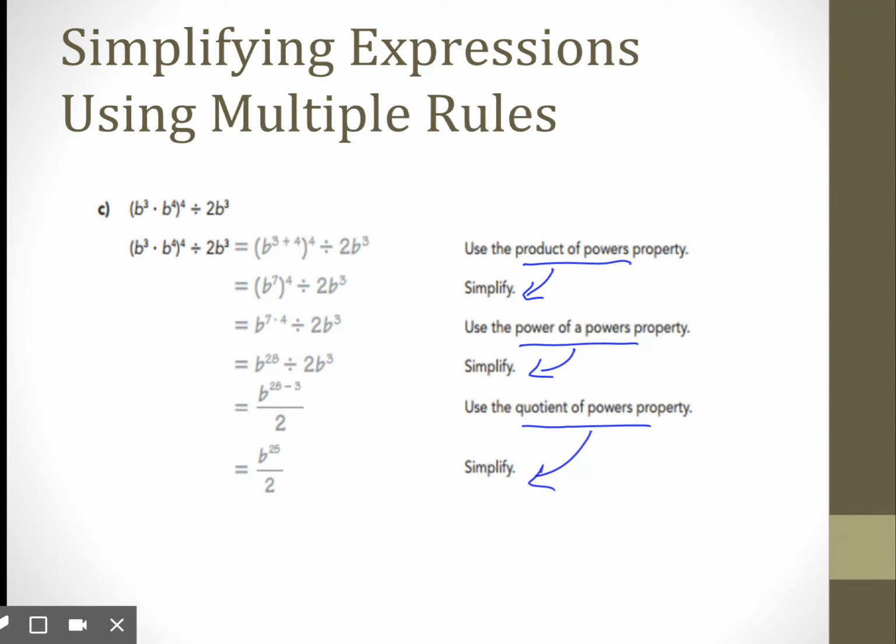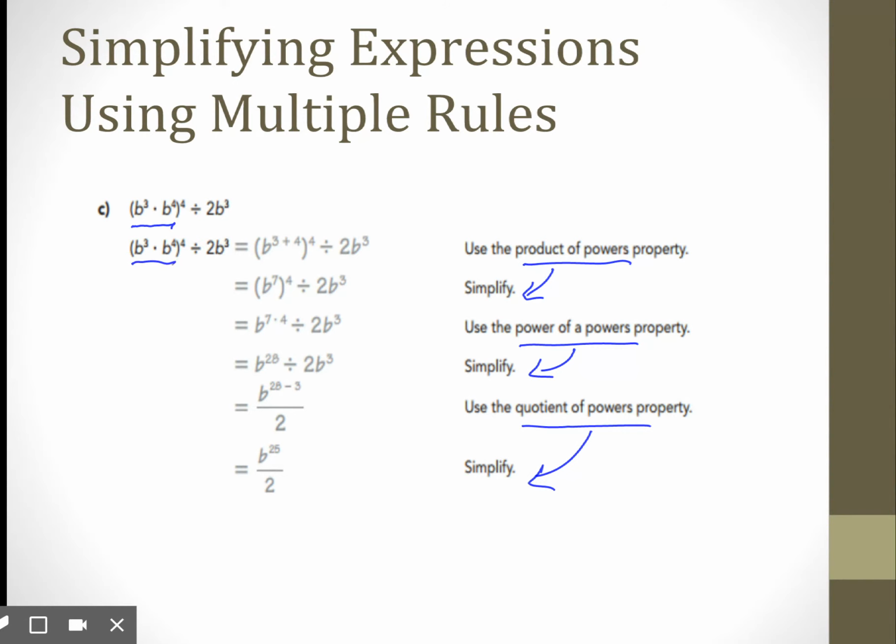So in this example here, example C, we have b to the third power times b to the fourth power here in parentheses. Then again, raised to the fourth power divided by 2b to the third power. So we're going to apply the product of powers property first because just like in order of operations, PEMDAS, anything in parentheses comes first.